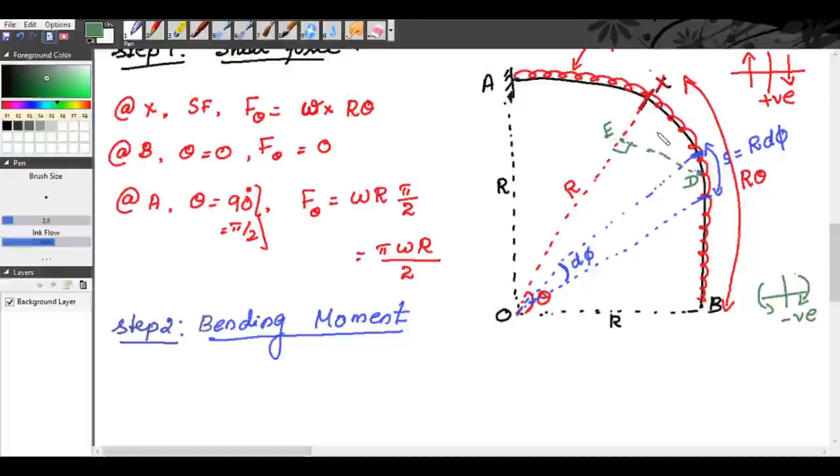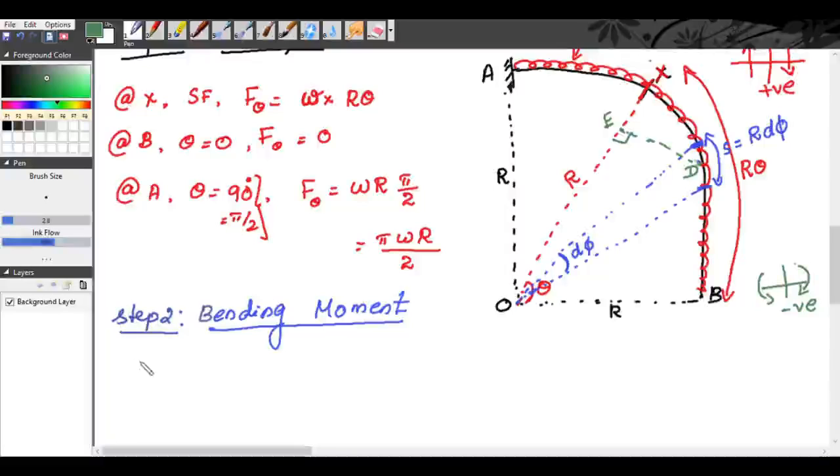So dM theta, the bending moment on the smaller stripe, is equal to the load, whose intensity is W multiplied by the distance, because it is UDL, so R into d phi, multiplied by the perpendicular distance, which is ED.